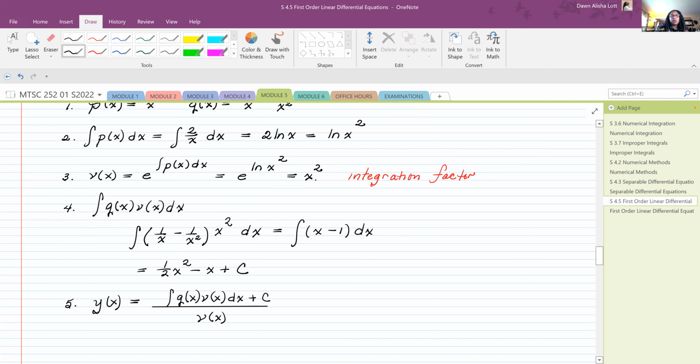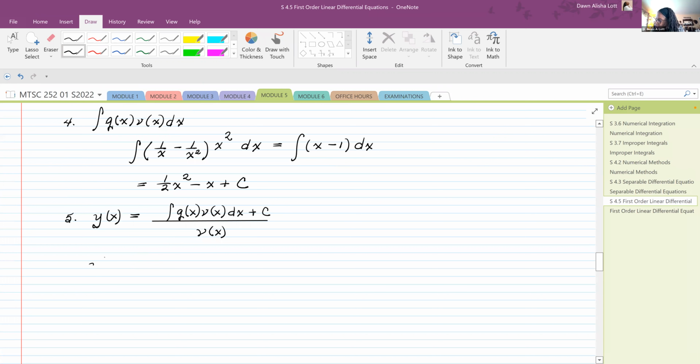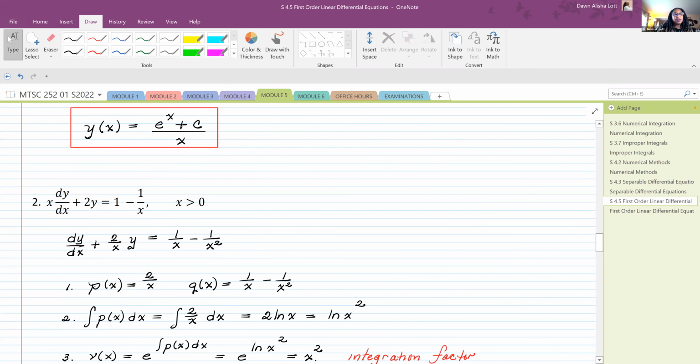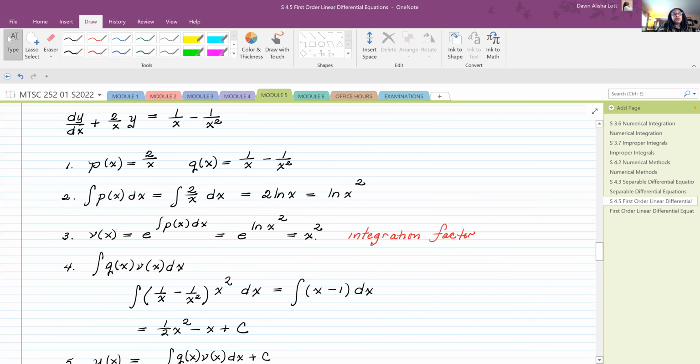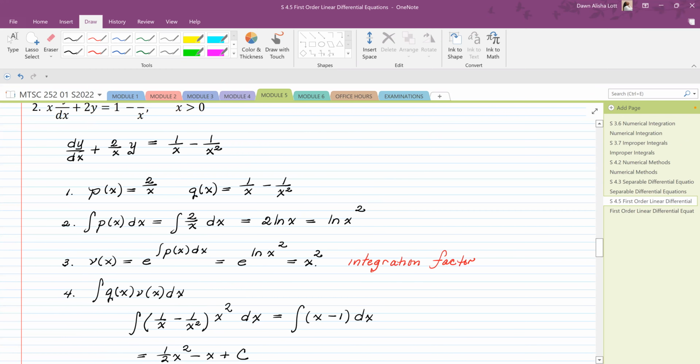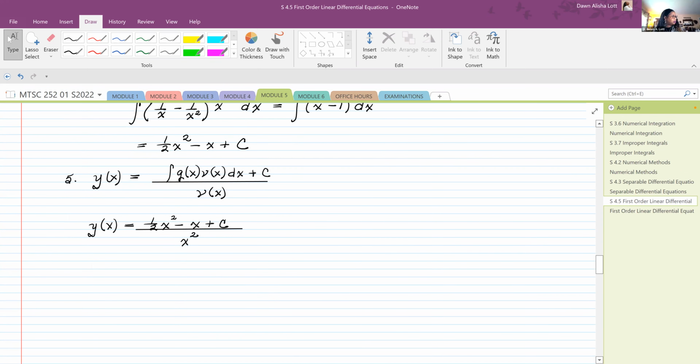So the answer to this problem is y of x equals 1/2 x squared minus x plus a constant, divided by x squared. And unless they give you an initial condition, which this problem did not, we do know that x is greater than 0. We need that at least for the beginning of the problem, and we also need it for the actual solution.